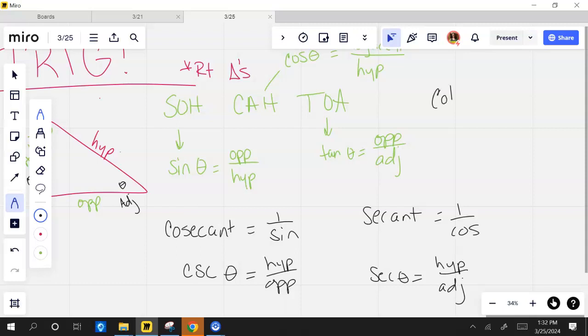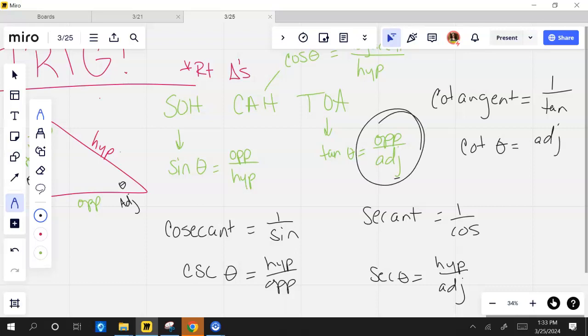And then cotangent, S-E-C, is the reciprocal of tangent. And to find that, flip this one over: adjacent over opposite. Okay? So what we're going to do is practice finding these ratios.